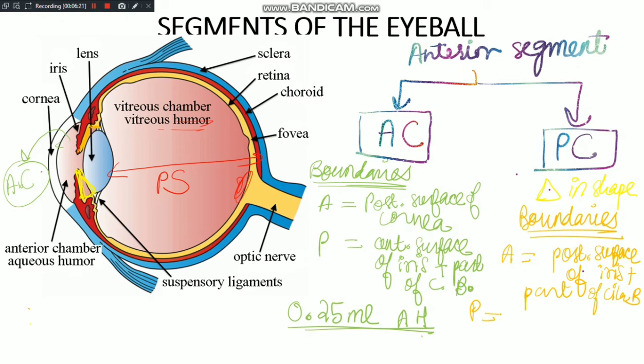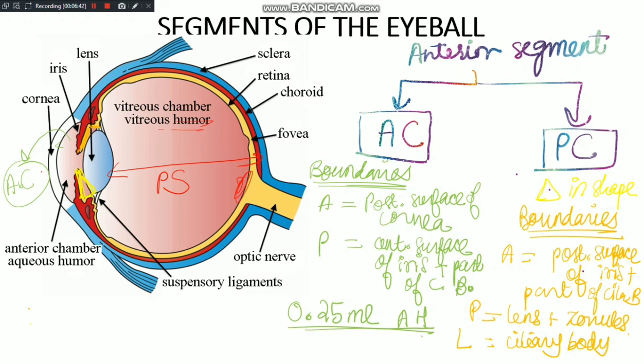The posterior boundary is formed by the lens and the zonules, and the lateral boundaries are formed by the ciliary body.